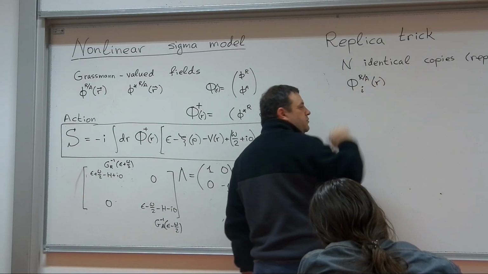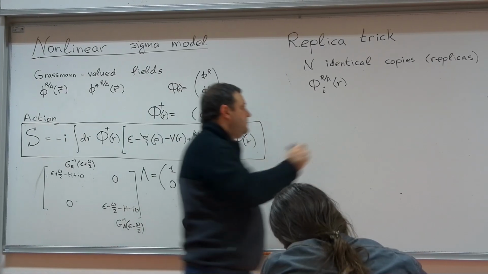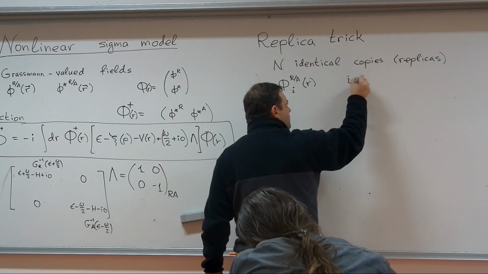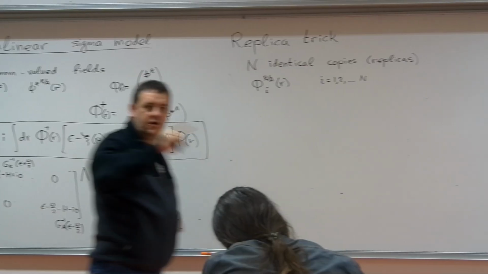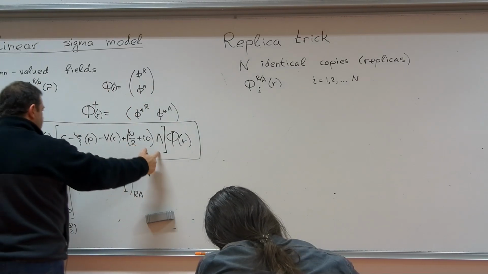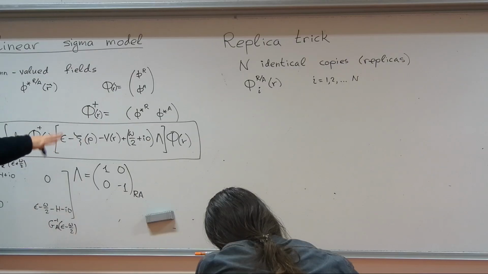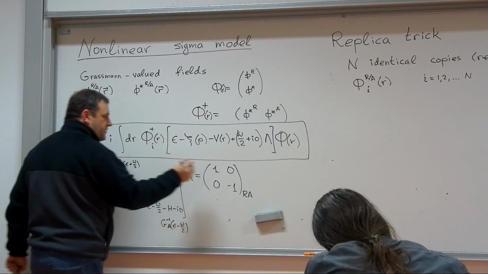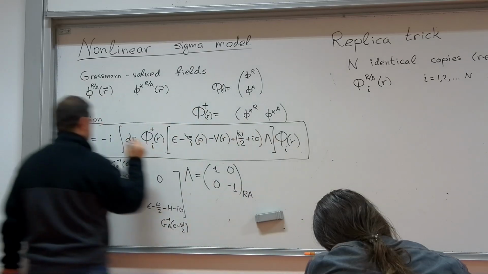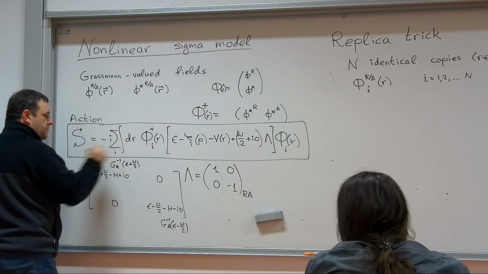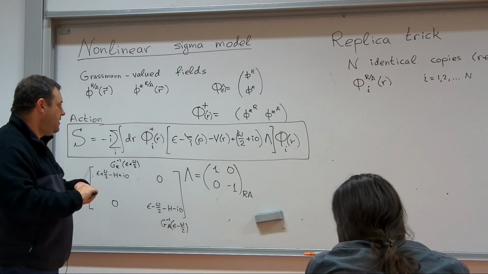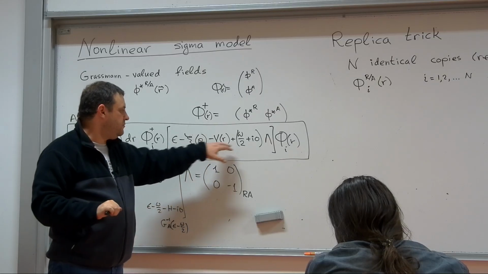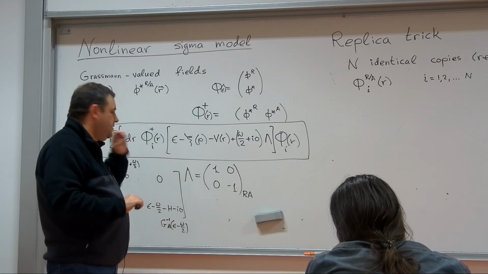Now they also have an index I, and this I goes from 1 to n and counts these copies. And this matrix here, I will just have it right here. I will say phi I, sum over I. I have n identical actions. All these things are the same. They do not depend on I.